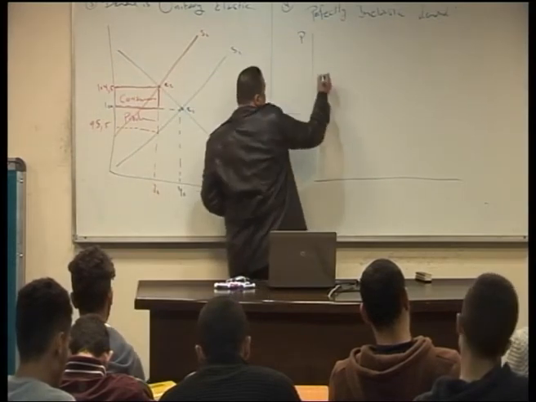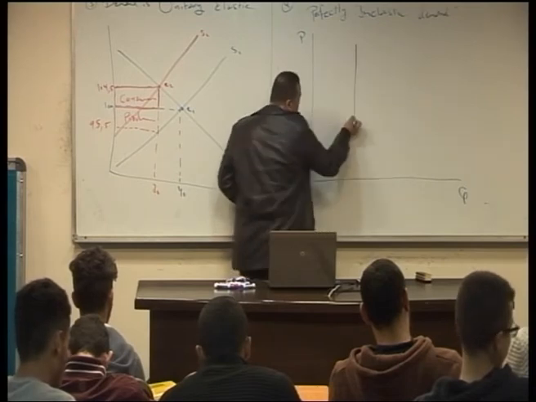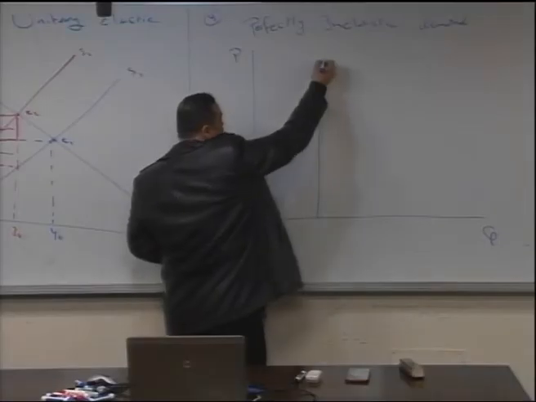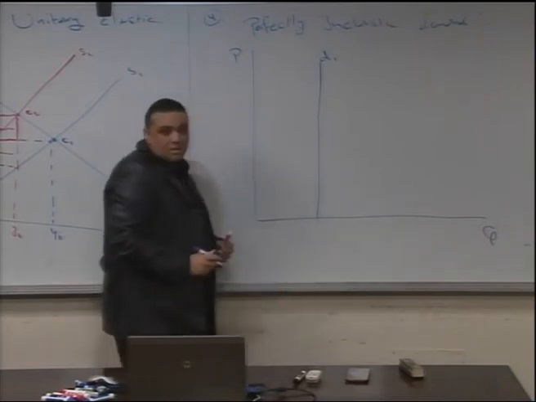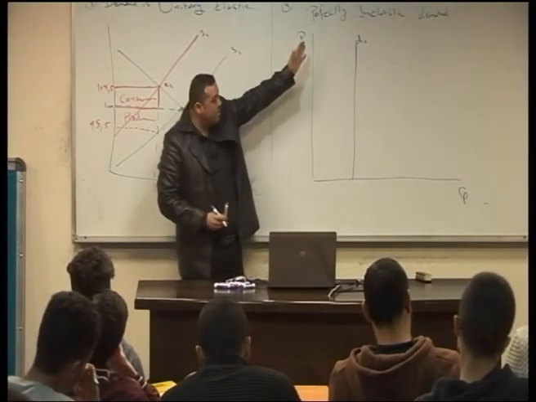P, Q, D1. Demand is perfectly inelastic, means it should be vertical.